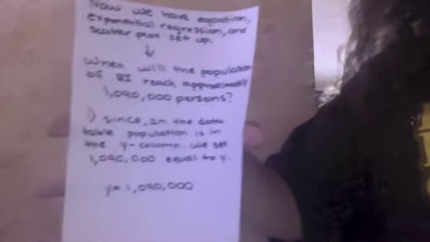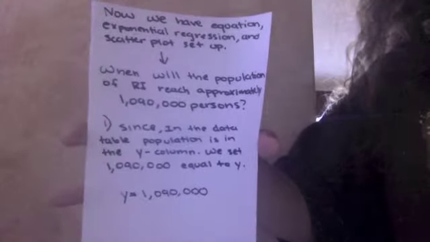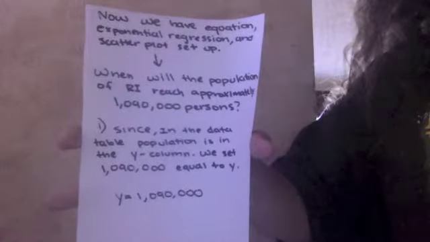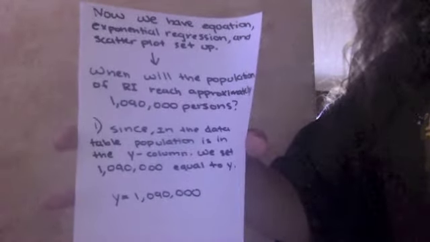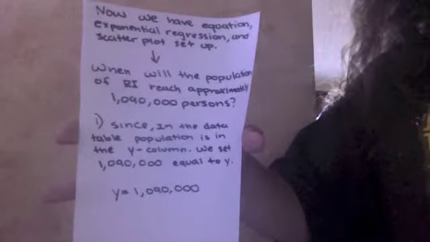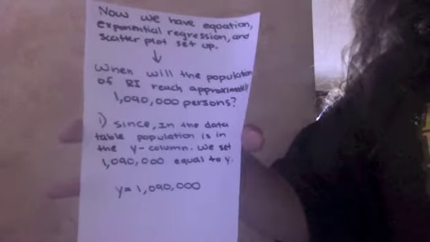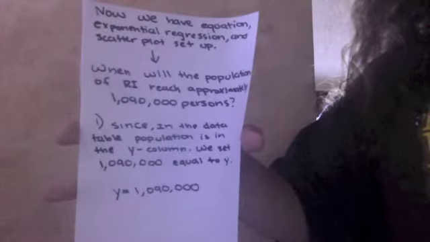We have the equation in the exponential regression and the scatter plot set up. Now we have to answer this question. When will the population reach 1,090,000 persons? Since in the data table the population is in the y column, we set 1,090,000 equal to y.